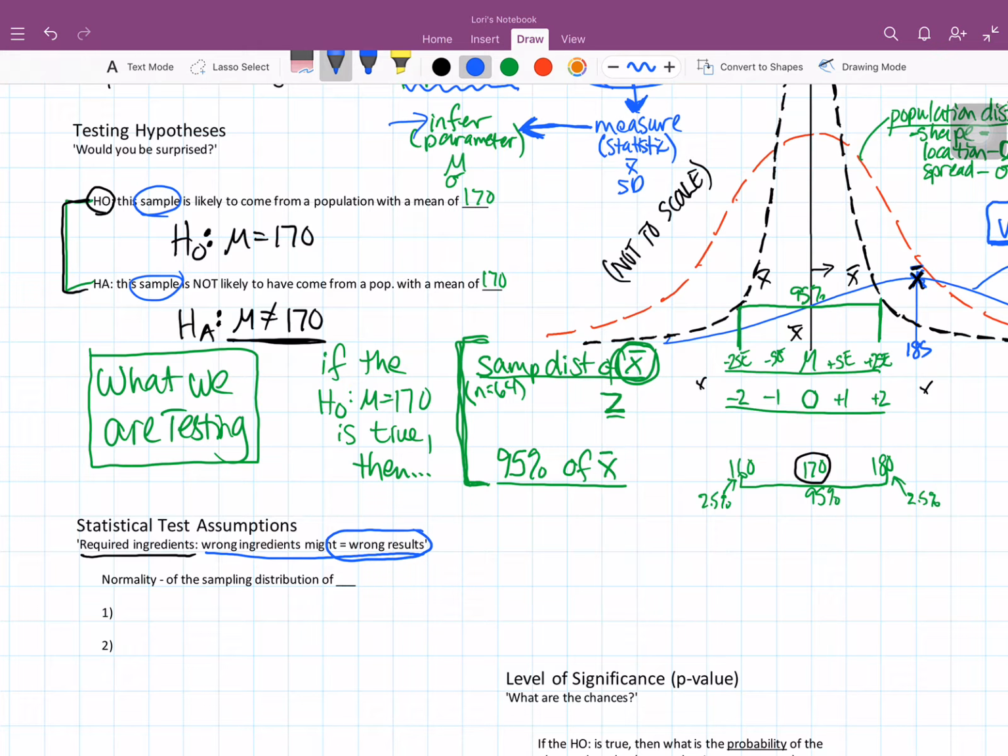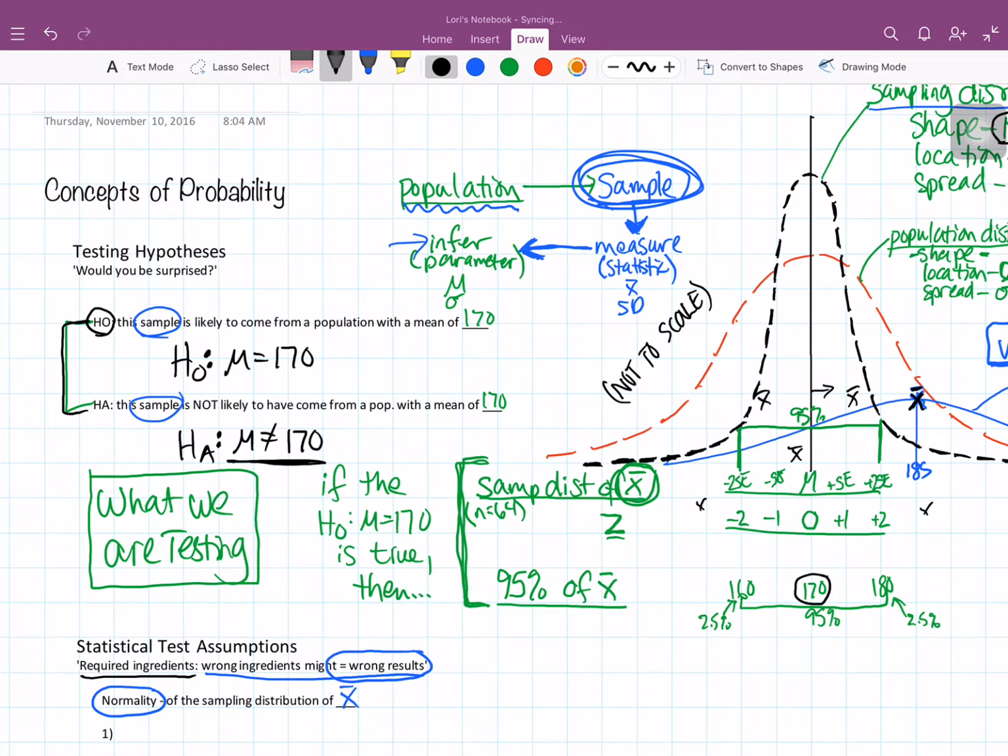The assumption for this particular test that we're doing right now is called normality. Our one assumption is that the sampling distribution of the means needs to be normally distributed, and that's this black curve right here. We already learned that that will be true as long as we have a large enough sample size.